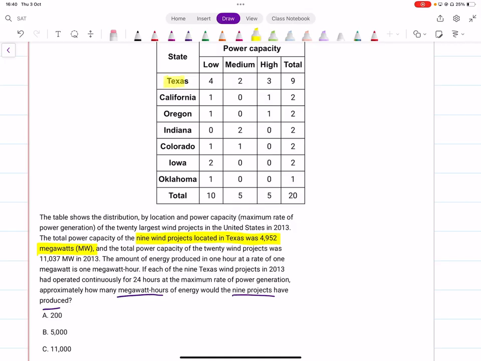Okay, we're talking about Texas here. And the total power capacity of the 20 wind projects was 11,037. Okay, so this whole data is for 20 largest wind projects. Out of those 20, 9 are in Texas.